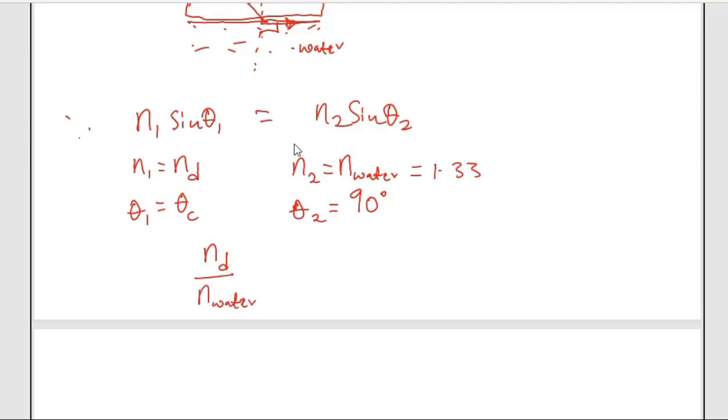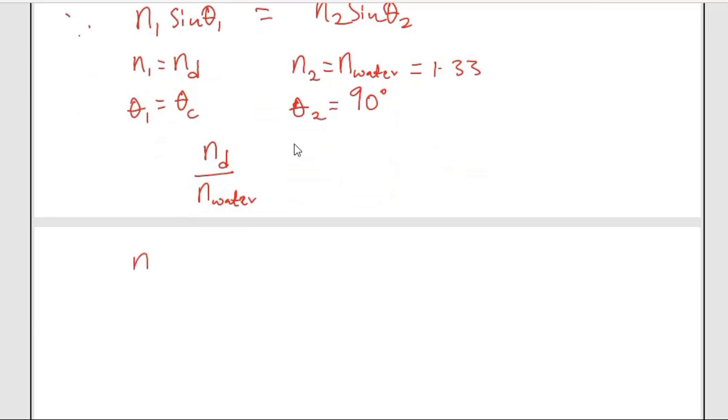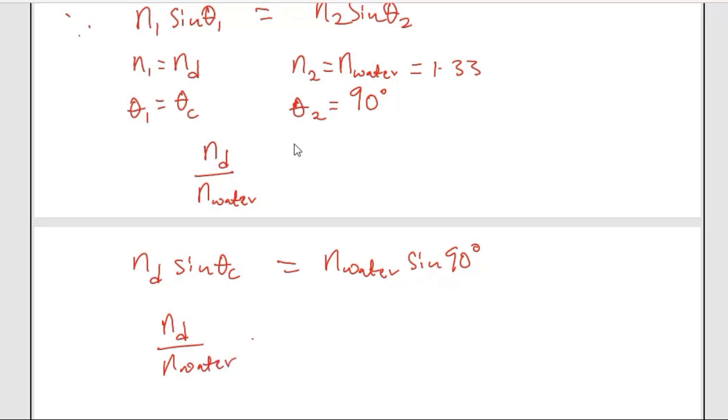So what do we have? We have ND sine theta C is equal to N water sine 90 degrees.